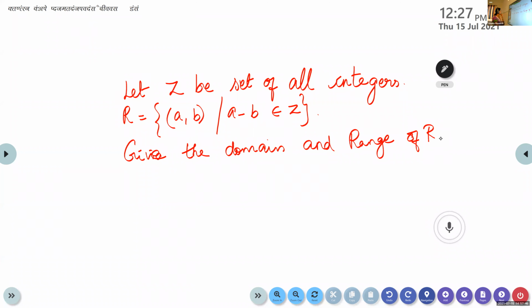We define R as the set of all ordered pairs (a, b), where a minus b belongs to Z. What is the domain and range of R?